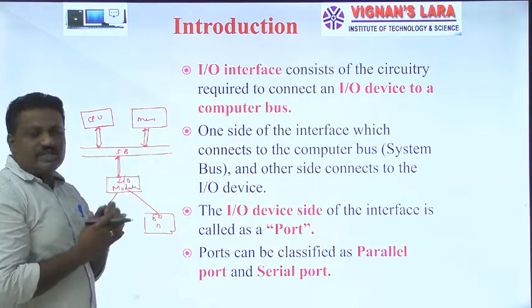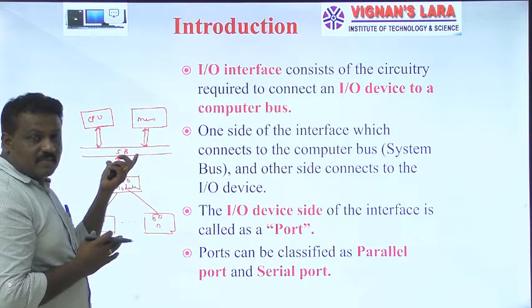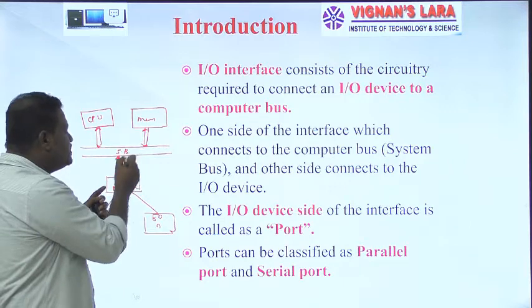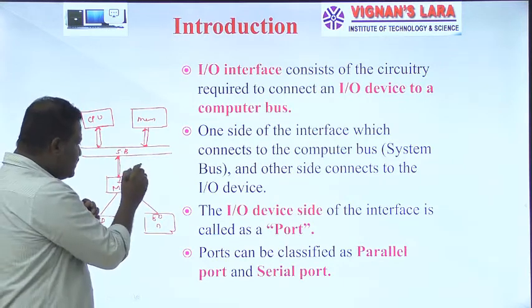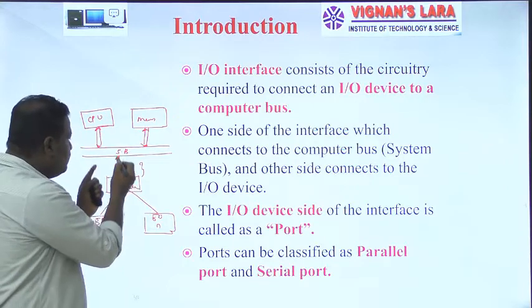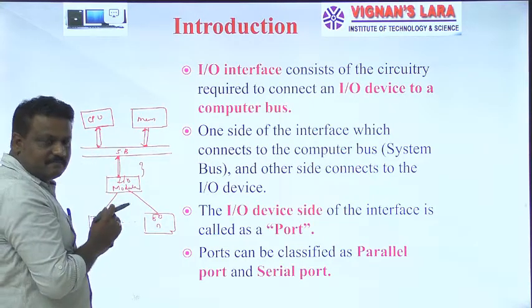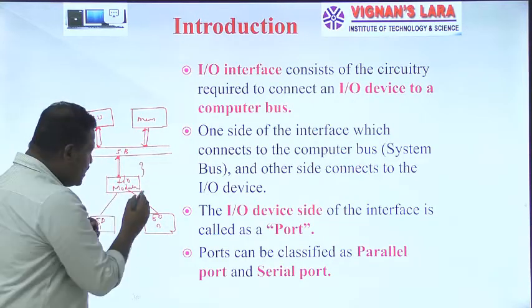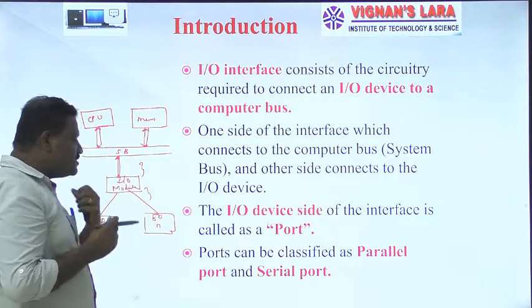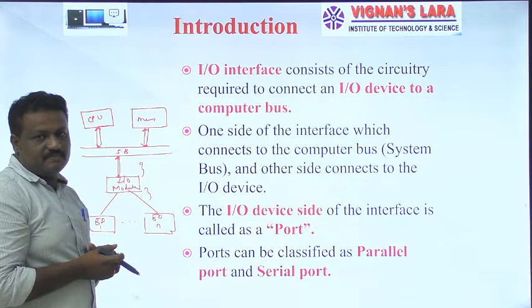Next, one side of the interface connects to the computer bus, that is nothing but the system bus. This end of our I/O interface or I/O module is connected to the system bus, which is called the computer bus, and the other end is connected to the external devices or I/O devices.